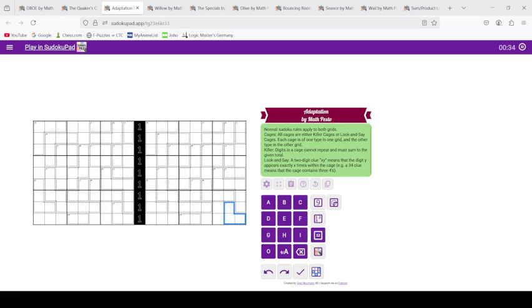It doesn't say anything about it being one or the other, so you could have both. Like, this could be a 931, fulfilling both the look and say and the killer cage. 931 over here would fulfill a 1-3 and a 13. However, I don't suspect that's going to happen.